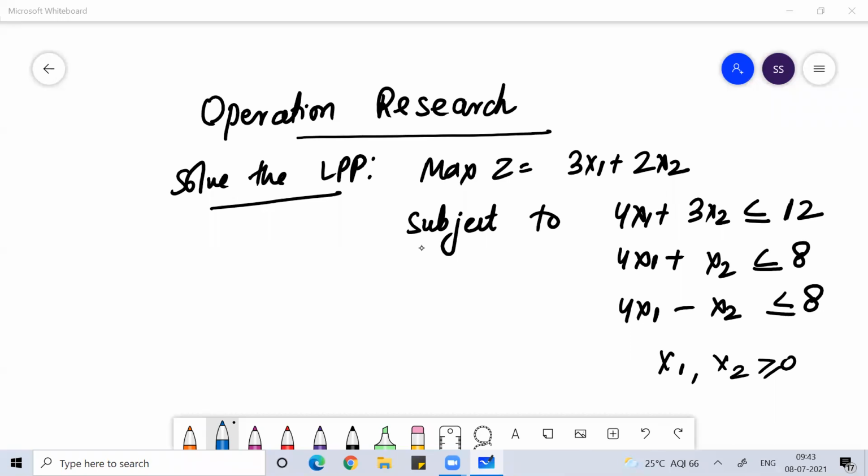Once we have constructed the LPP equation from the given set of conditions, we can solve it to get the answer. We can solve the problem either by the graphical method or by the simplex method. It depends on us how we want to approach the problem.